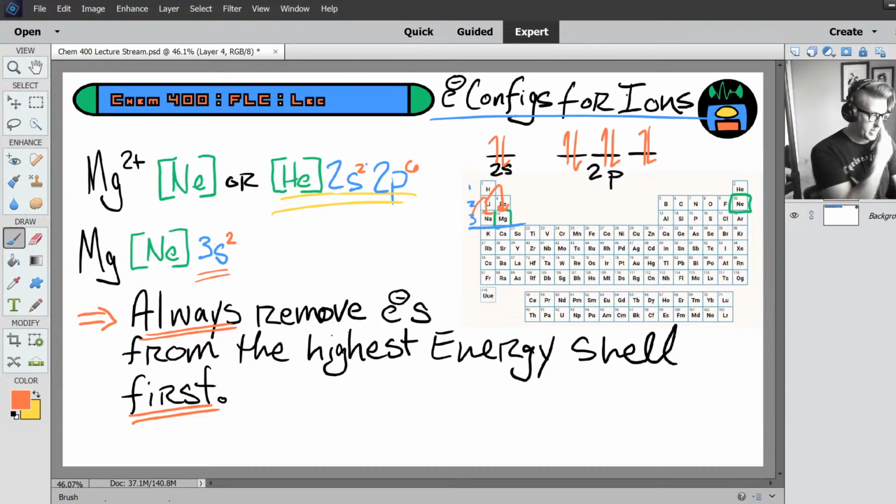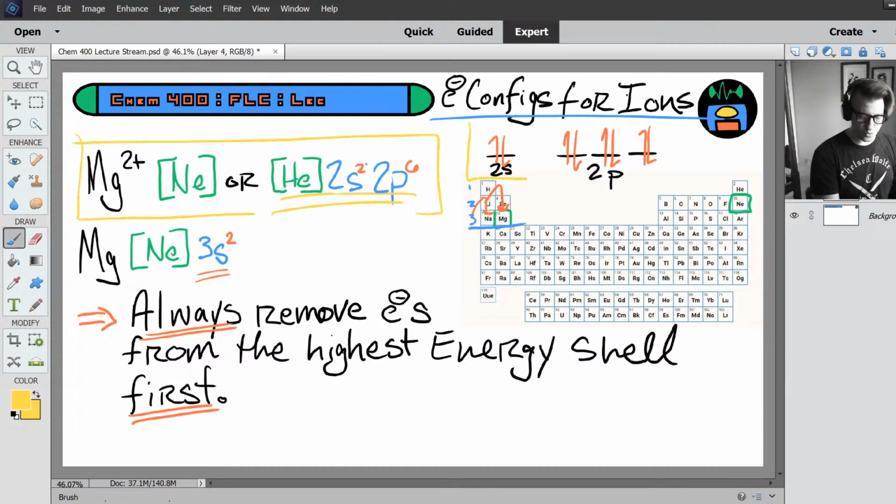There we go. All right, so this is the electron configuration and orbital diagram for magnesium 2+.